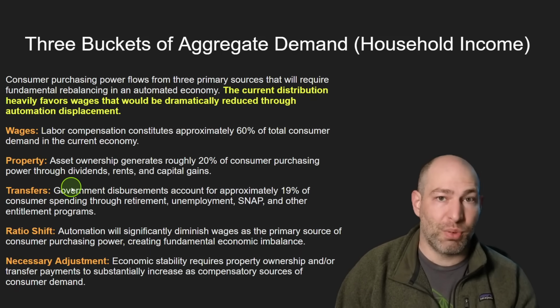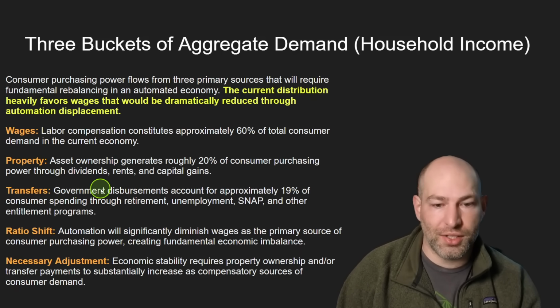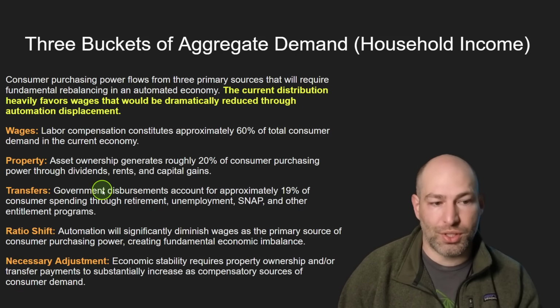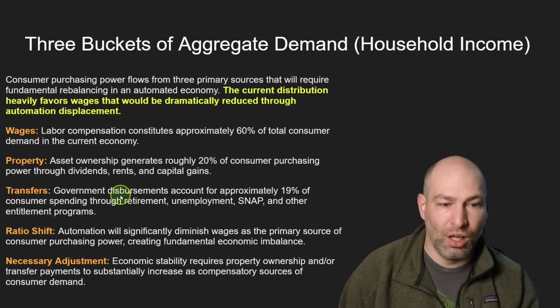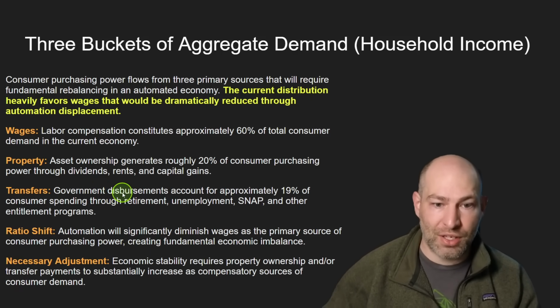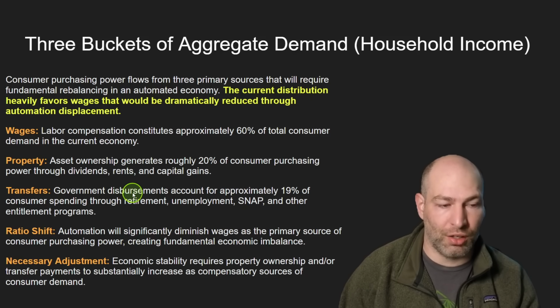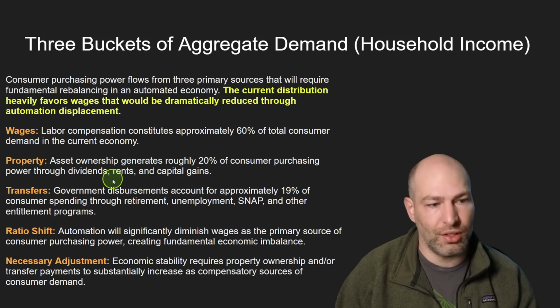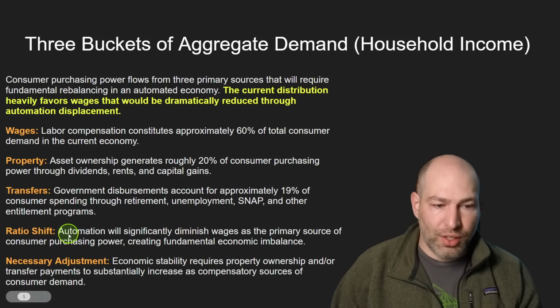It also varies per county. So one of the things that, as I've been researching this, poor rural counties will have up to 30% transfers, sometimes a little bit more, whereas rich, high-tech counties will have very, very low transfers and higher property and wages. So that's one of the fundamental differences. So this ratio is going to shift.